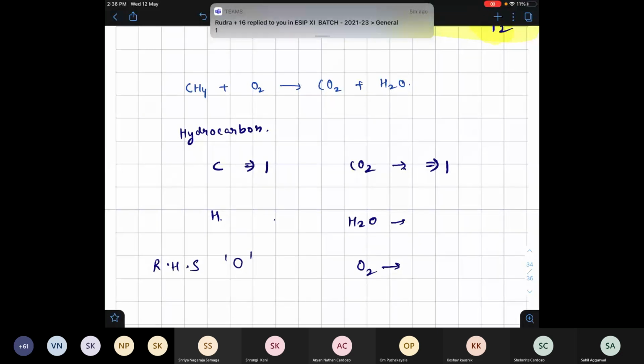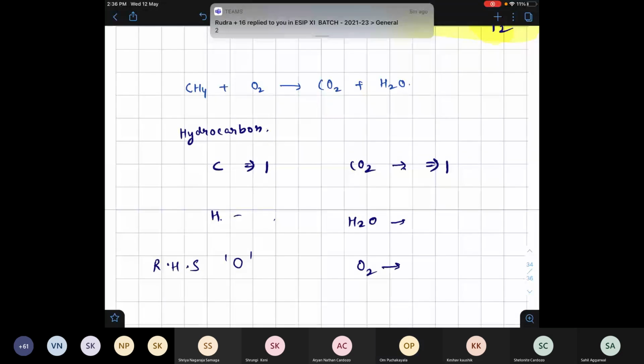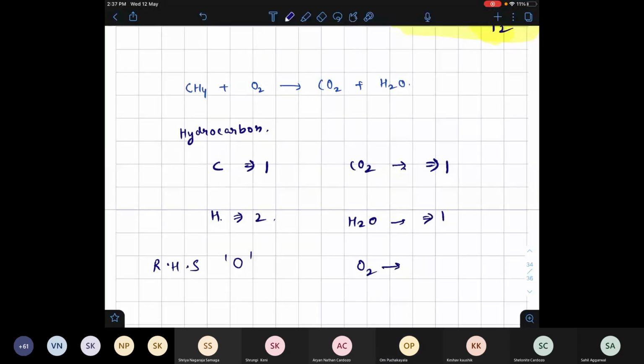How many hydrogen in water? Hydrogen in water. 2. So this will be 1. Sorry, hydrogen in hydrocarbon we had to see, na?